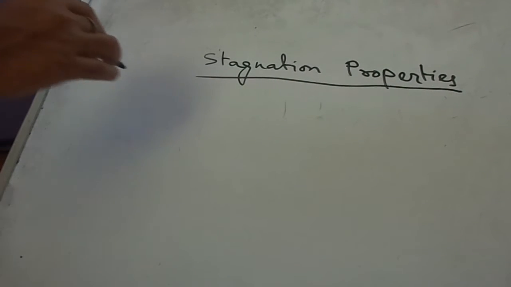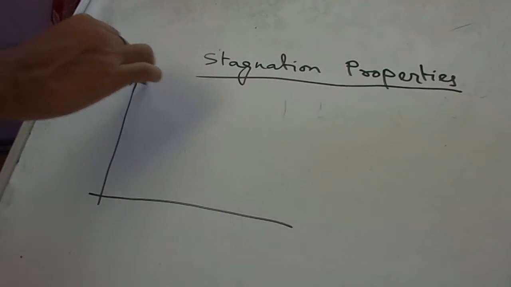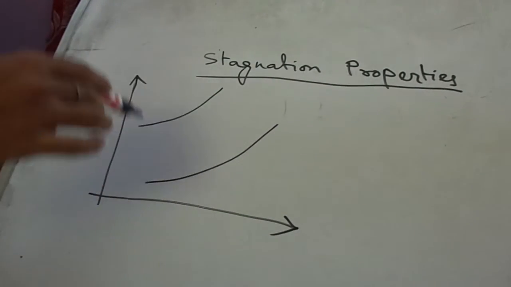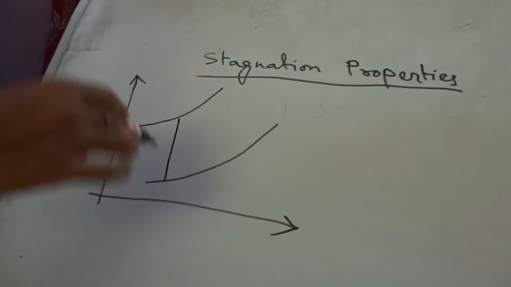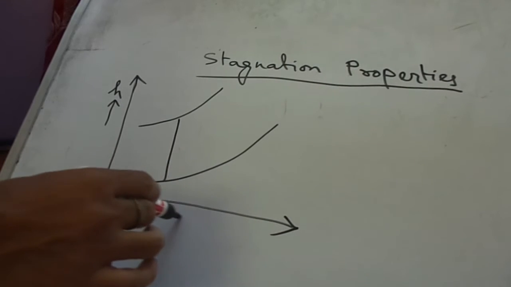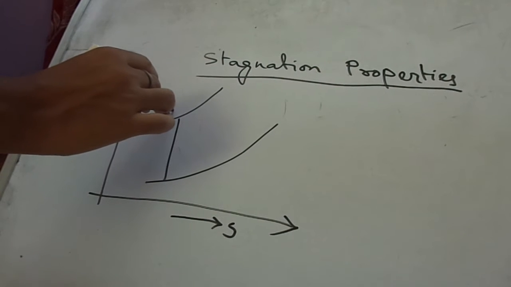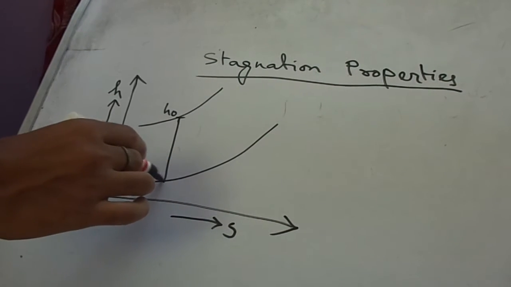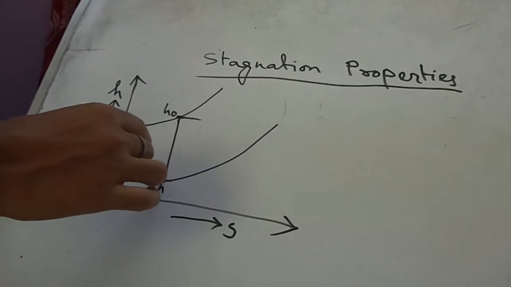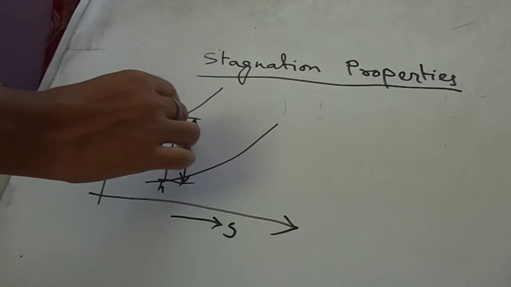If you draw the H-S diagram, this one is the H, another one is the S entropy, this is the H0 and this is the H, and this one is V square by 2.